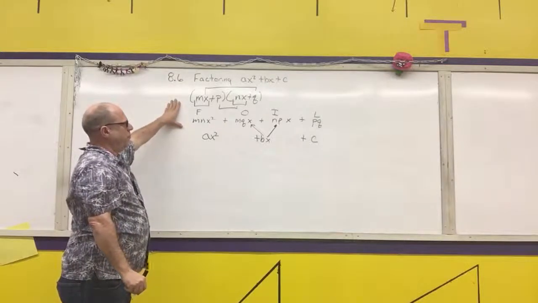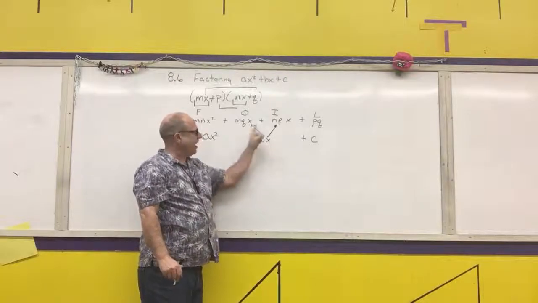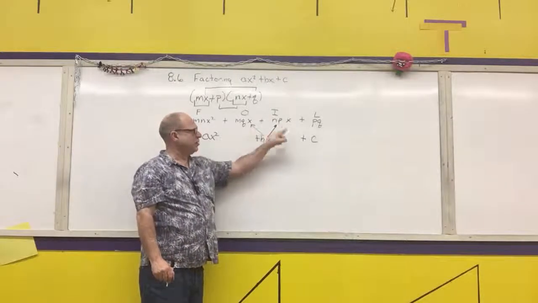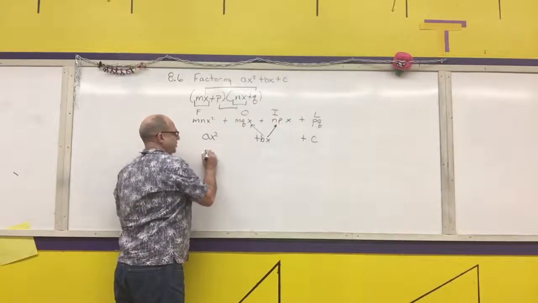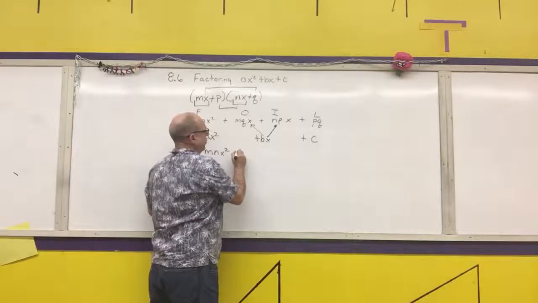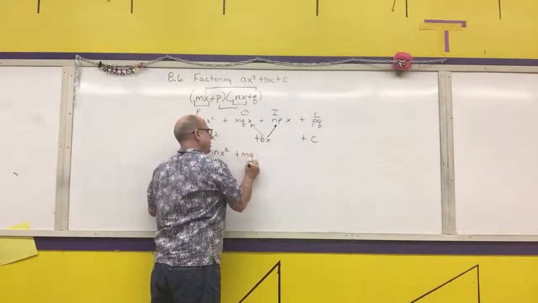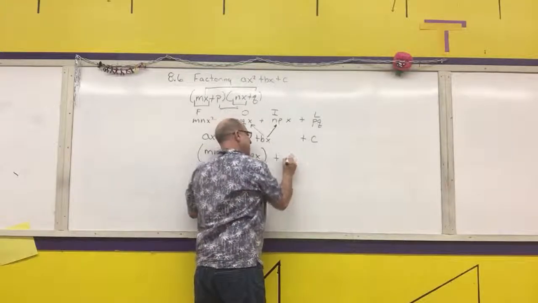What you need to understand is I'm going to be able to take this middle term and split it up into two separate terms. And if I split it up into two separate terms, watch this. I can go back to section 8.4 homework and put a plus sign here.